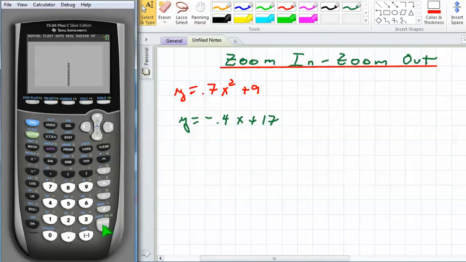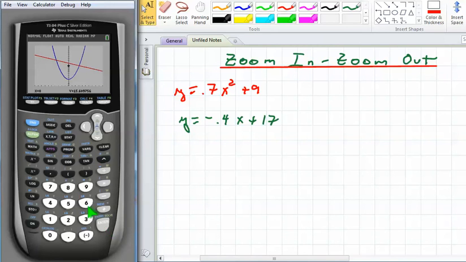I hit enter, and we have to wait, and wait some more. And now I have a better idea of what's going on. If I hit enter again, I'll even get a nicer picture. And my graph looks like this.